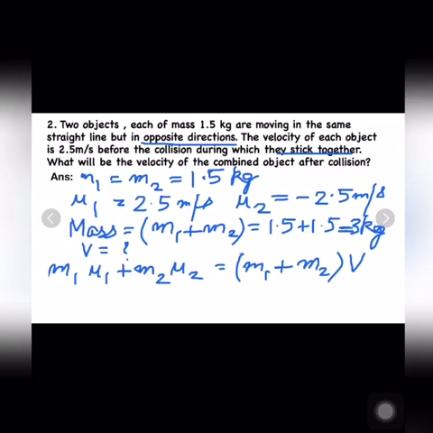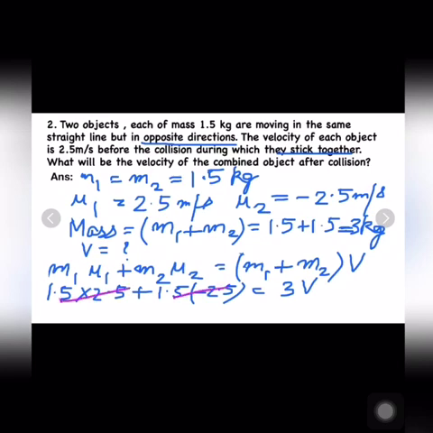So you got all the values, put it here. m1 is 1.5, u1 is 2.5 plus m2 is 1.5 again, and u2 is minus 2.5. m1 plus m2 is 3, and v you have to find out.